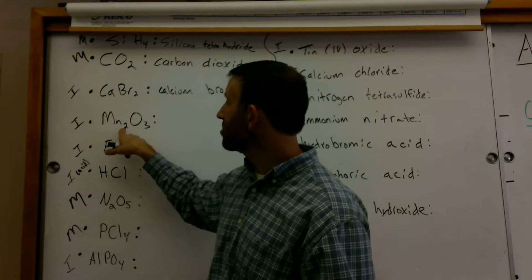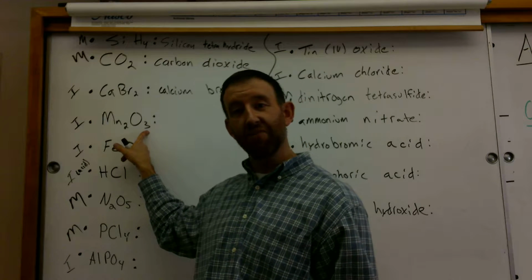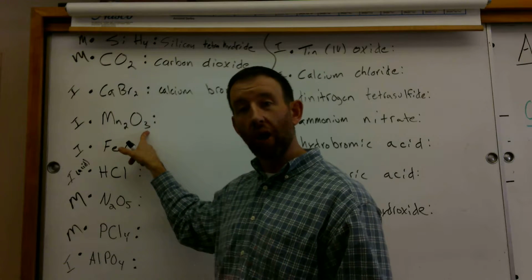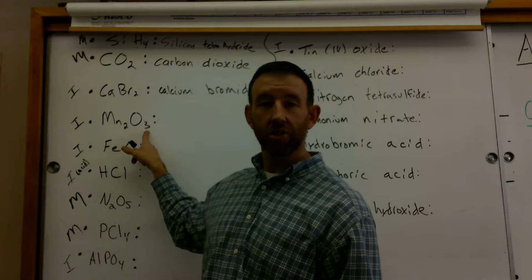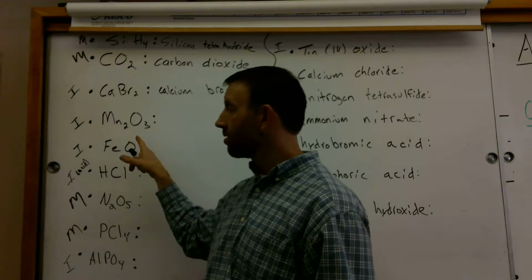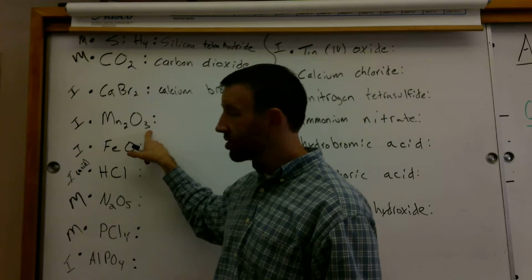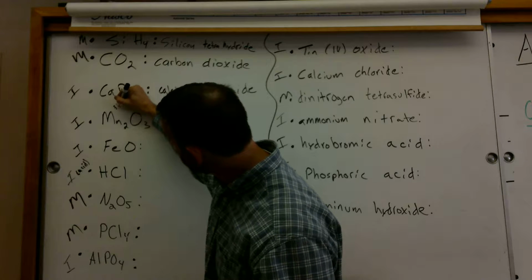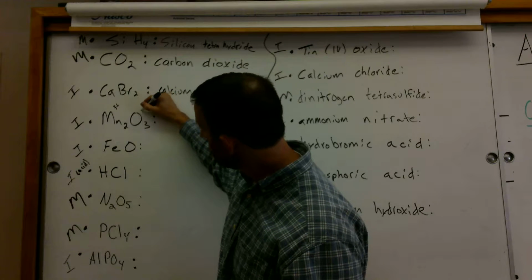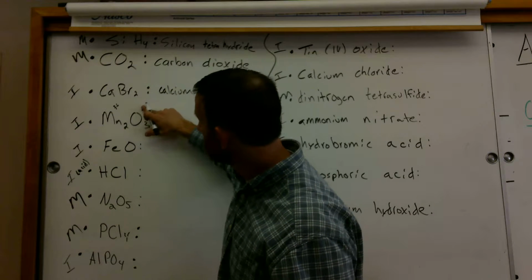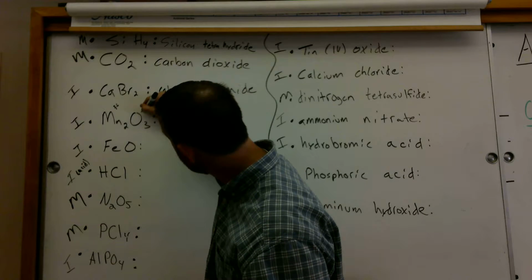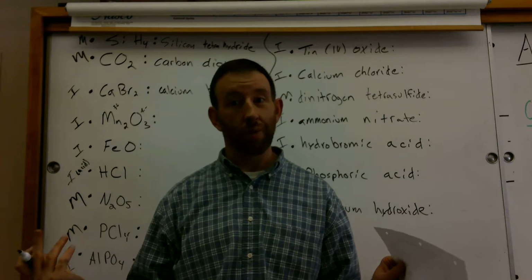So because this is Mn2O3, we need to go back and infer the charge. All right? Now the way we can do that is kind of undo our crisscross. So this is 3 oxygens. So that must mean this is a 3+. This is a 2, right? And we know oxygen's a 2 minus, right? Oxygen's always a -2.